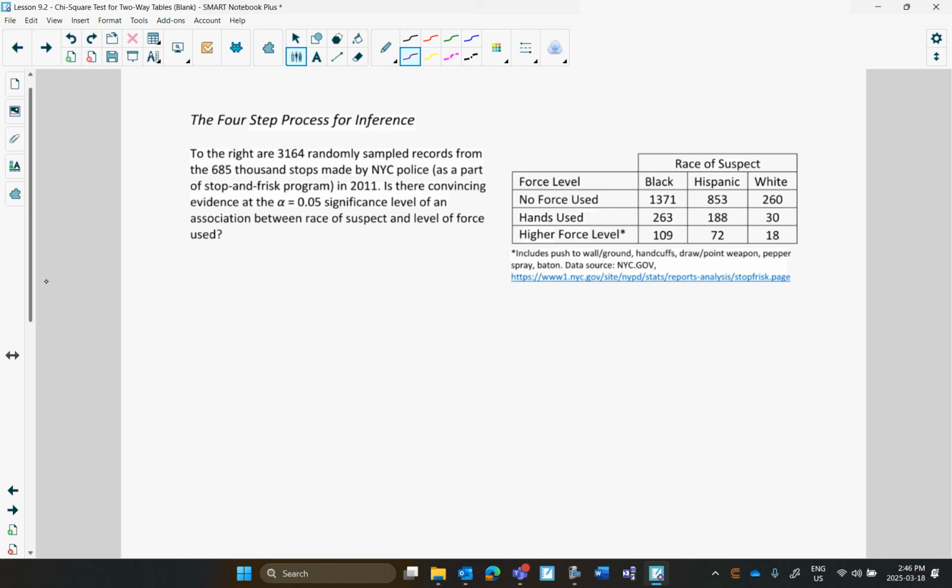We want to see if there's convincing evidence. So first thing, state. The null: no association between race and force used.